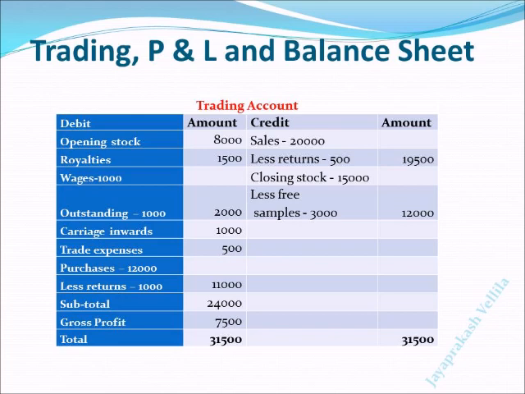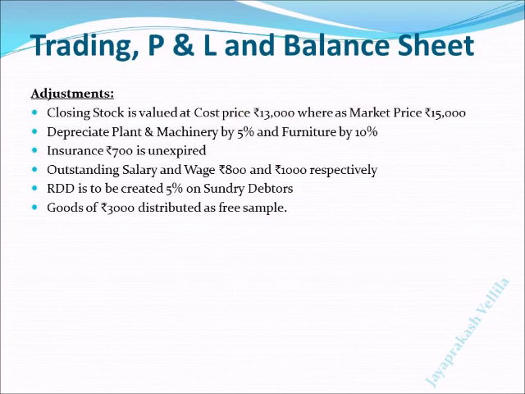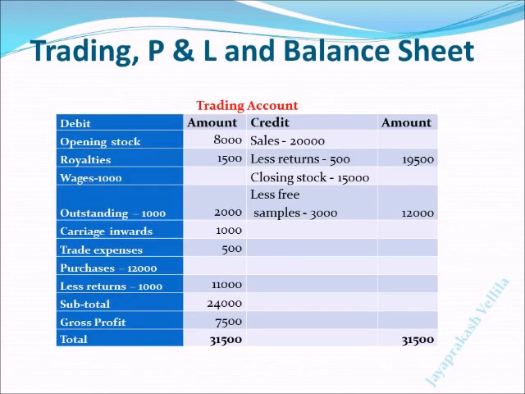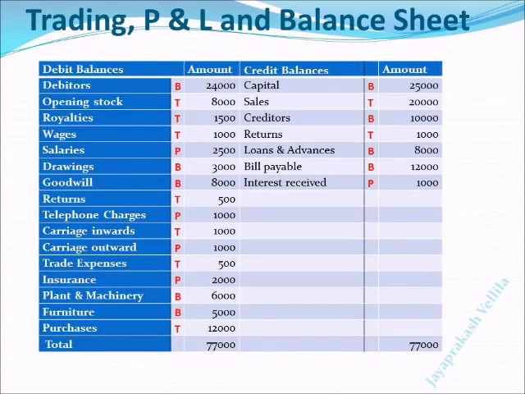Wages is 1,000, but as per adjustments there is outstanding wage 1,000. So adding both the wages and outstanding wages we get 2,000. Carriage inwards is 1,000. Trade expense 500.